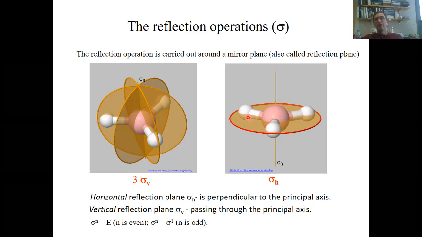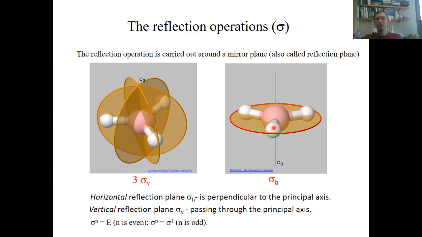Okay, so carrying out that symmetry operation would move, for instance, the top half of this hydrogen atom here below the mirror plane, and the bottom half of this hydrogen atom would be moved, well, above the mirror plane, and that would apply to all the atoms within the object.